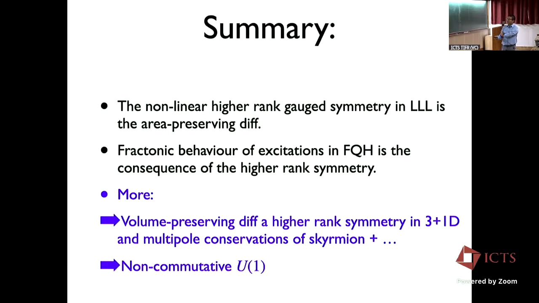And we have the multipole conservation of the skyrmion and theta. And the non-commutative U1 is also nothing but the area-preserving diffeomorphism, which I also do not have time to discuss. Thank you.